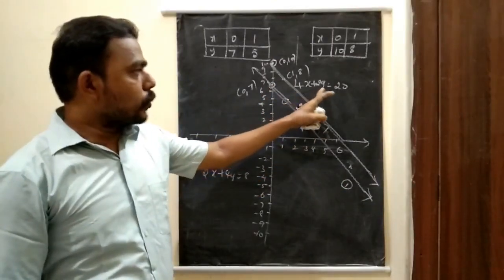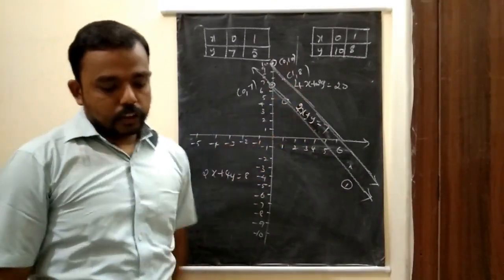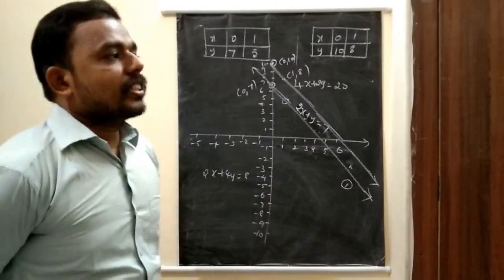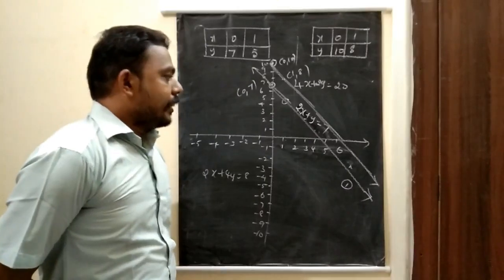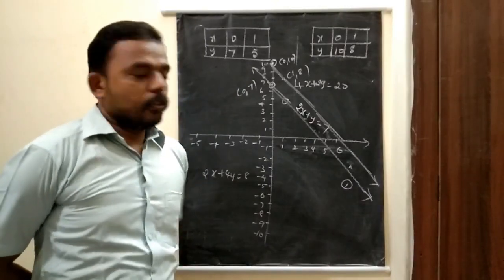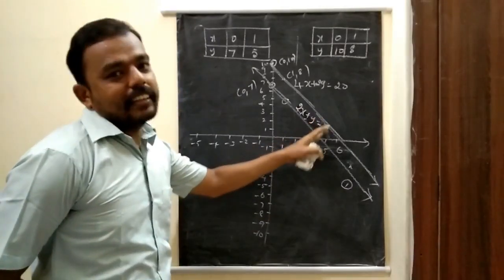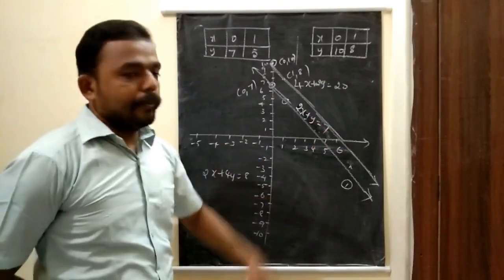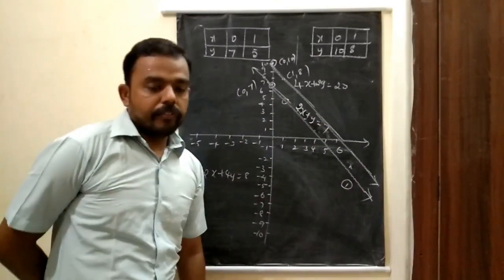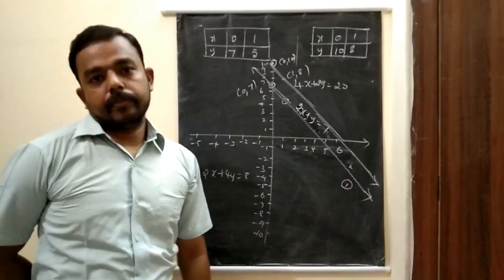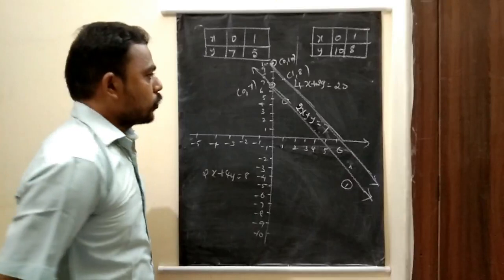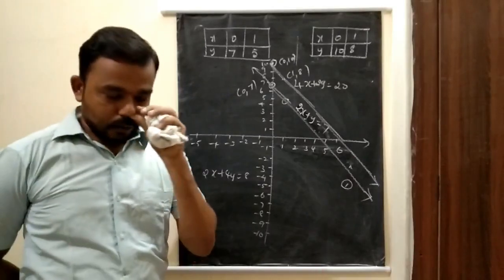For 4x plus 2y equal to 20, you get this line. So this is the situation when we draw the lines, they never meet anywhere. So you get parallel lines. They are never going to meet anywhere. Such types of things you may draw. This is the actual solution.